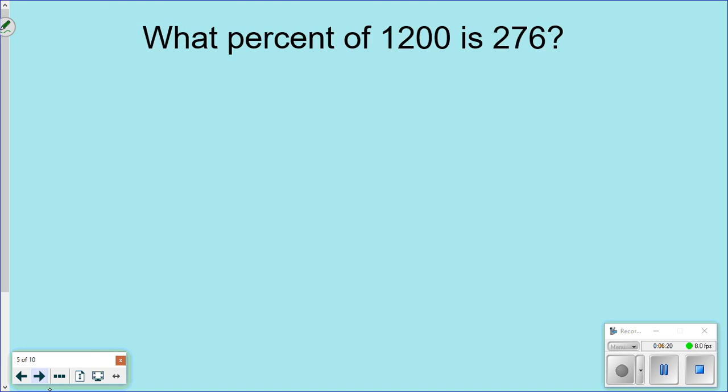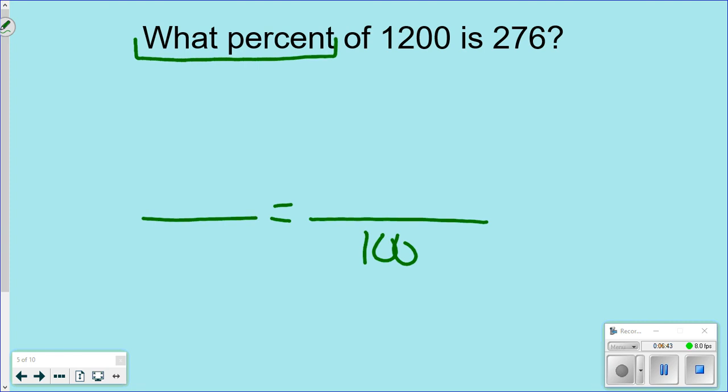Okay, so here's another type. This one is asking for the percent this time. I can just tell because there's no percent in the problem. So I'm just going to start by setting up my proportion. I know 100 goes in here. What percent of 1,200 is 276? So I know 276 is part of 1,200, and it's asking what percent that is. So I already know what my part and what my total is. But if you don't know, you can look at it this way: what percent? Okay, so that's what I'm looking for.